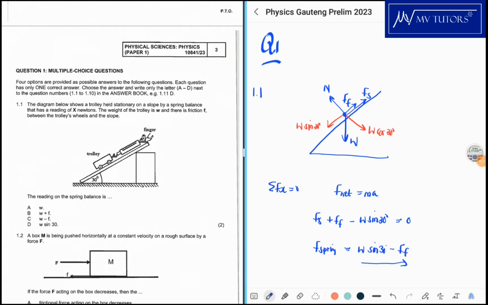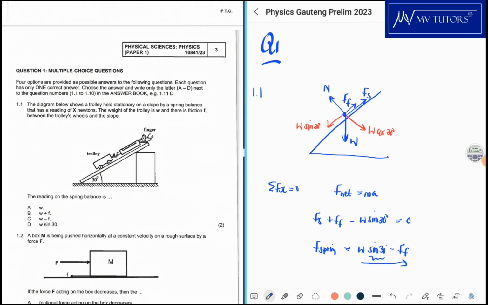Now, as I look over the options that I have, the closest is C, where we have the weight component minus the friction force. But the sine 30 is required. This is a little bit tricky. I feel like our answer is not here because D is incomplete.